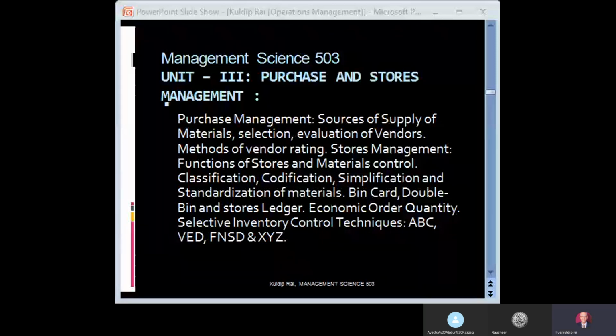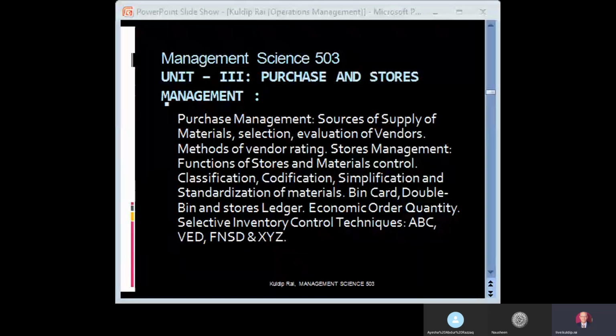So before an industry or before a large organization selects a source with which they would like to do business, they would like to select them after proper evaluation. This evaluation is conducted on the basis of certain criteria. Generally, four criteria are very important.